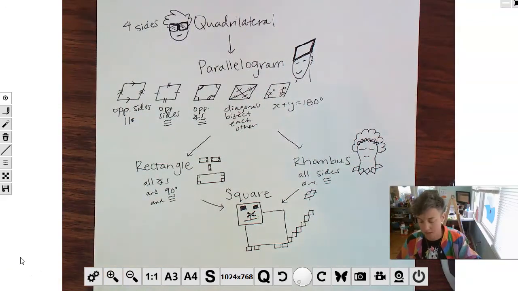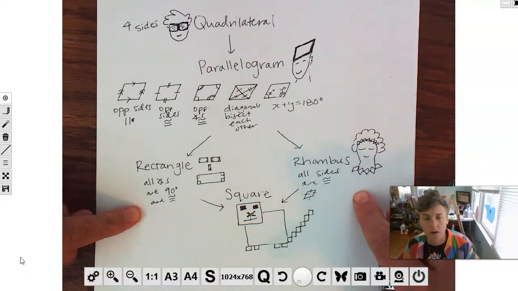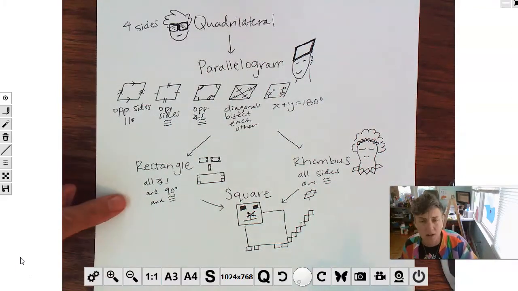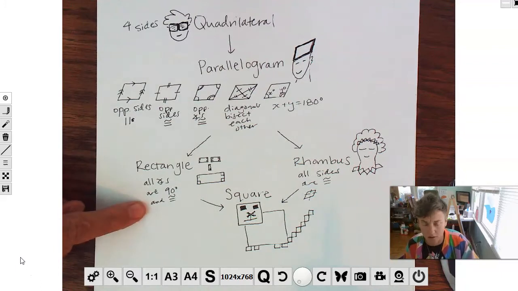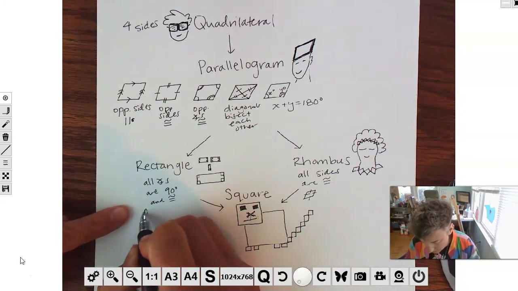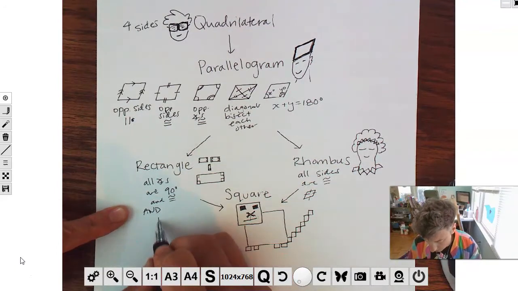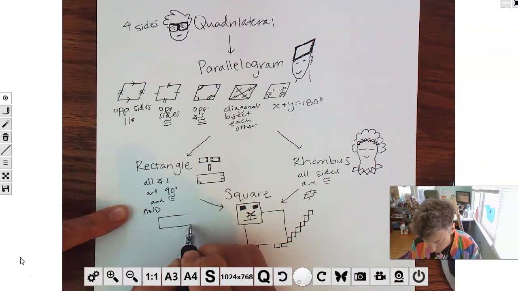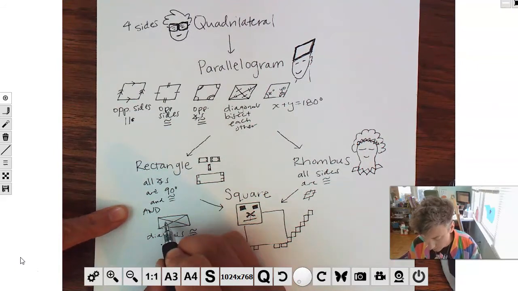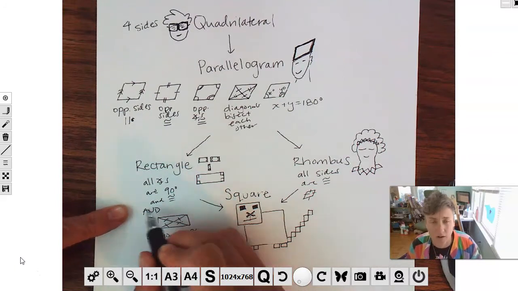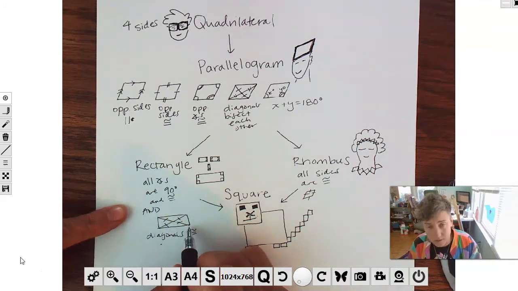The kids actually each have one more property I forgot to mention. So Rectangle Ralph, not only are all of the angles congruent, but also the diagonals of a rectangle are congruent. Not only do they bisect each other, but the whole diagonal is congruent.